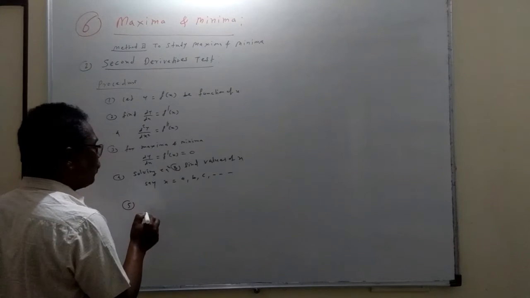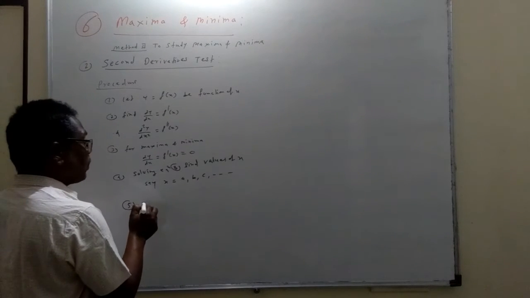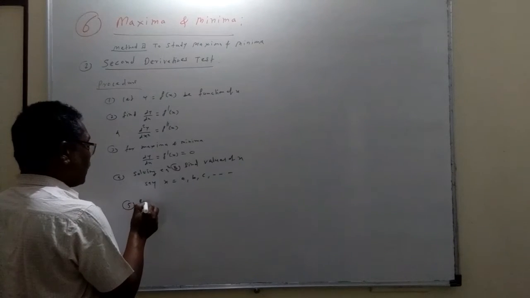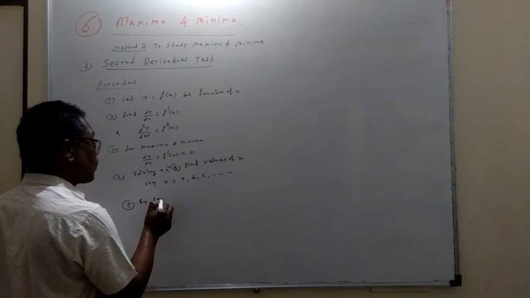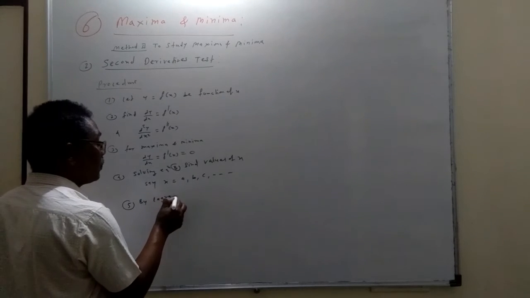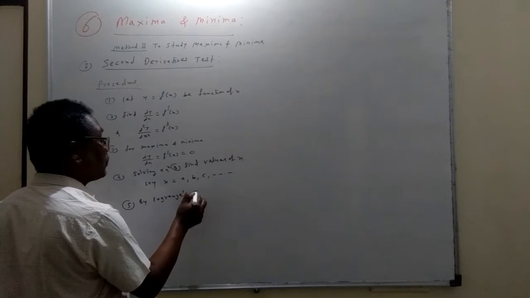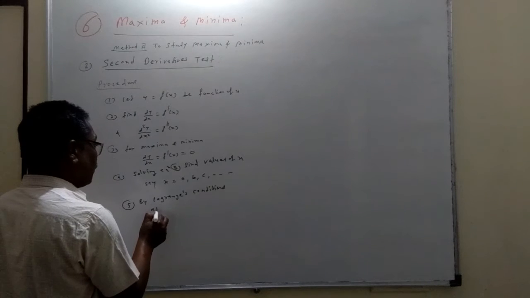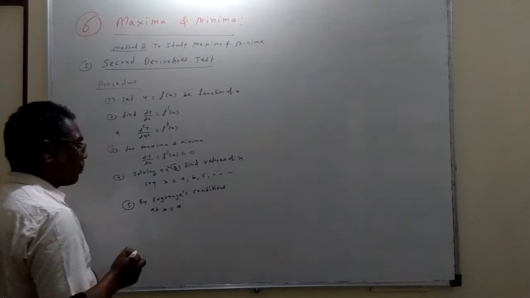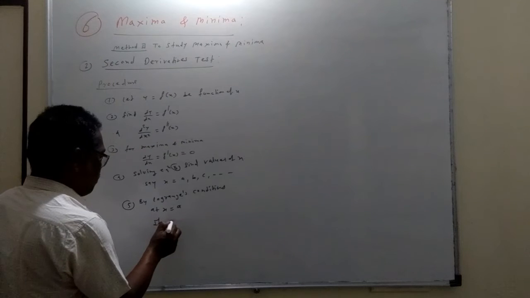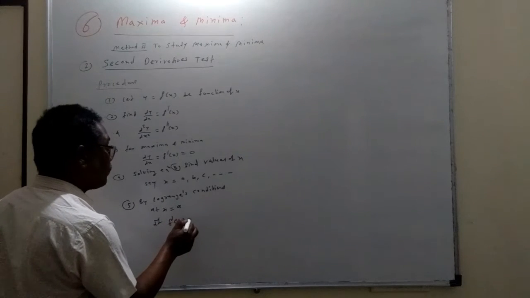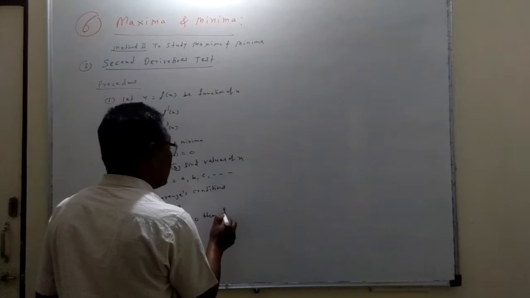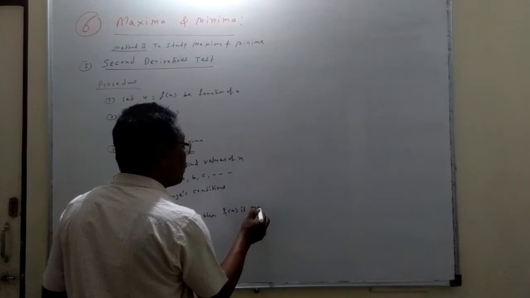Now fifth, we will use the second derivative, that is, Lagrange's conditions. At x equal to a, if f double dash a is less than 0, then f of a is maximum.